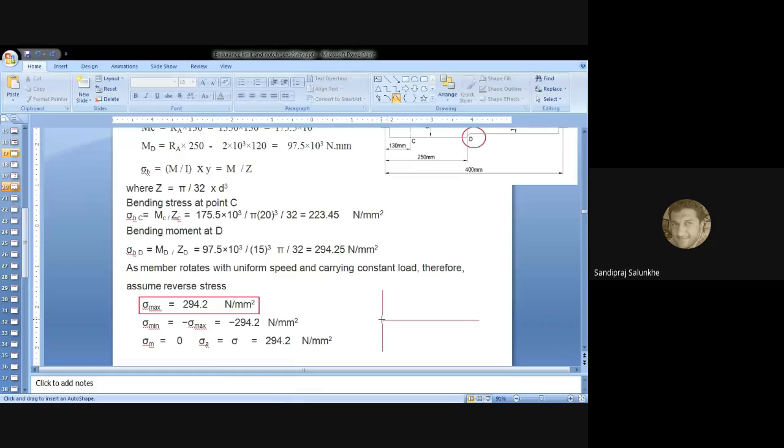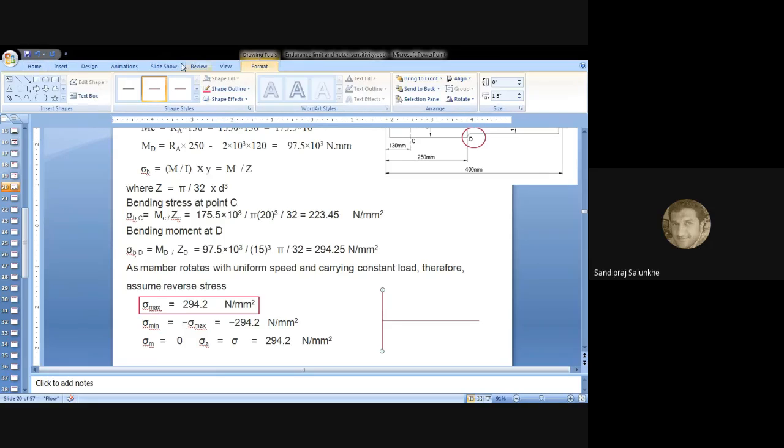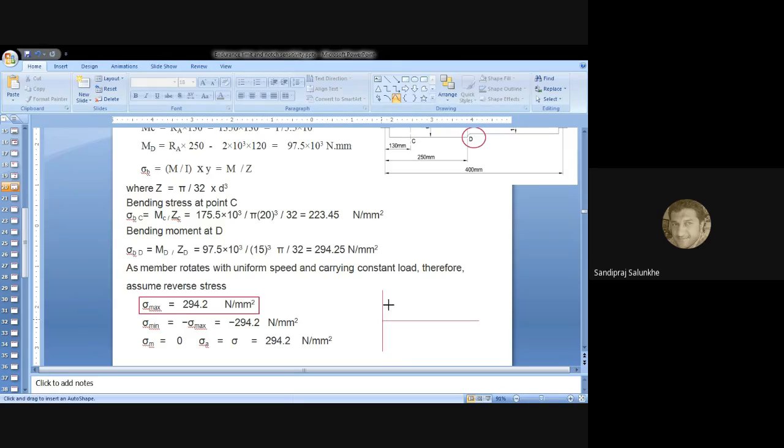So starting from this point, let us consider reaching to this. So what will be sigma max in this case? As it is repetitive, this will be the cycle.